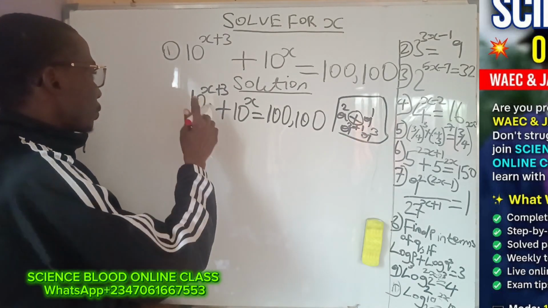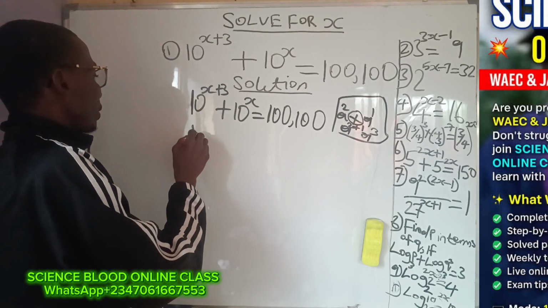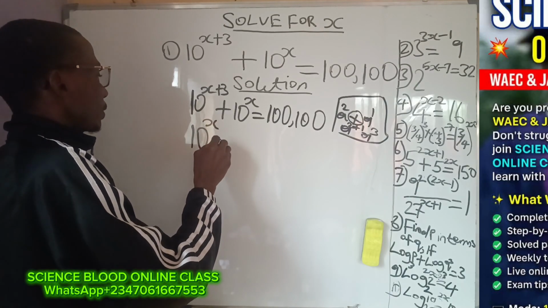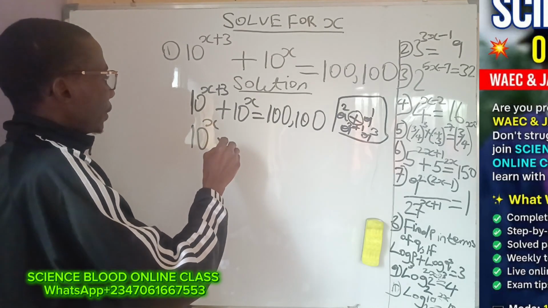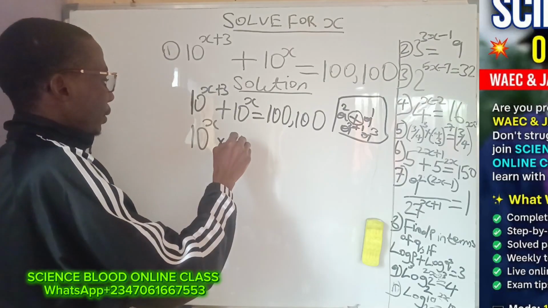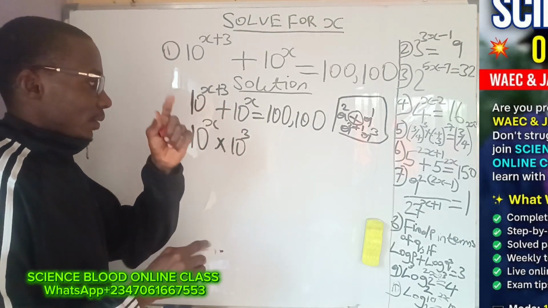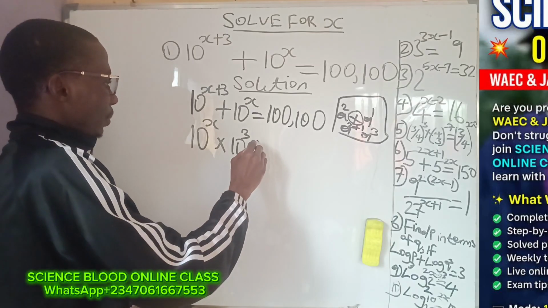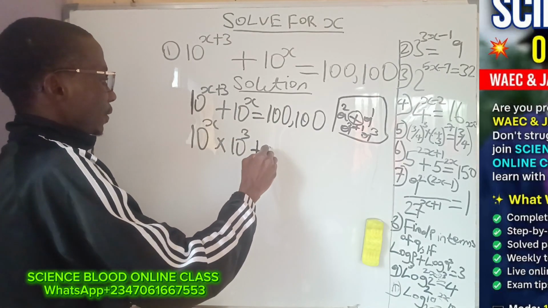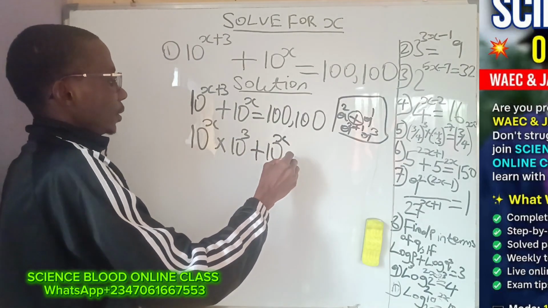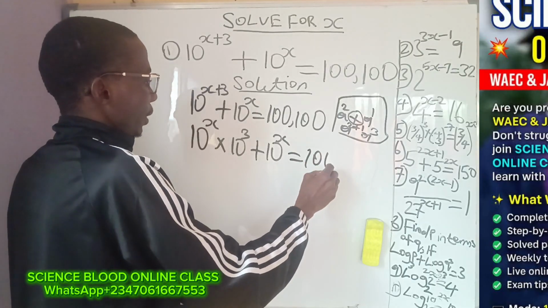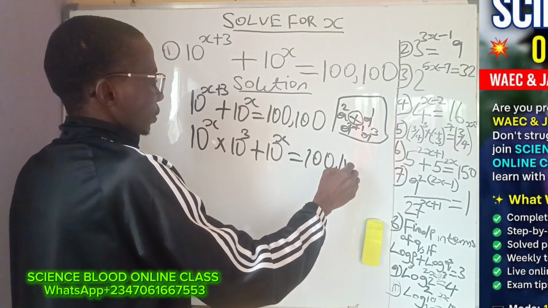So to solve further, we can say 10 to the power of x multiplied by 10 to the power of 3. This and this are the same thing. Take note, this is a plus sign, and here is 10 to the power of x, equals 100,000.